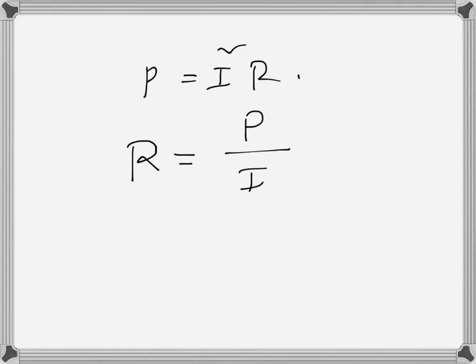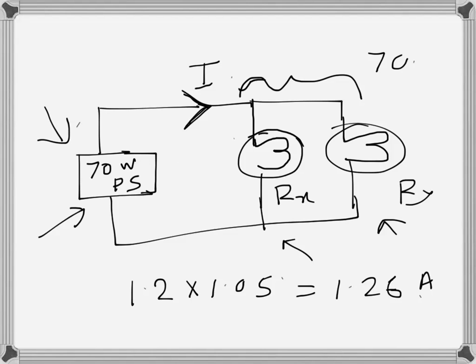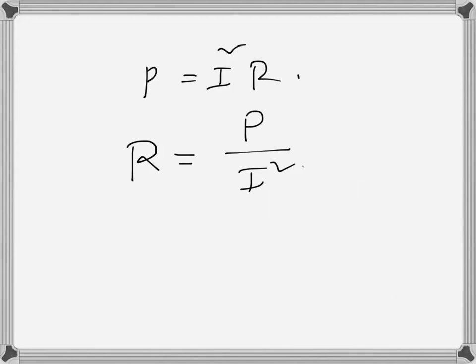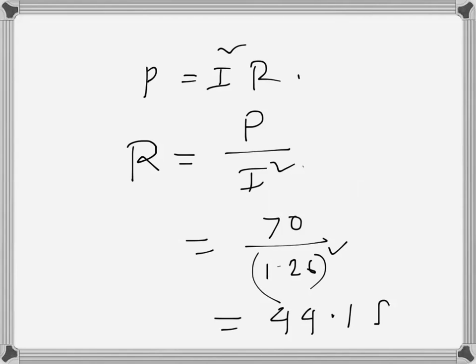So we know P is equal to I square R, so using this formula, we can find the amount of R that allows this much current. So if we do that, this is 70 and this is 1.26 square, that's actually 44.1 ohms.